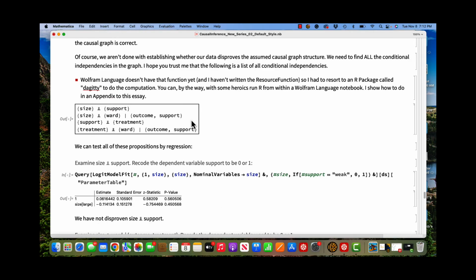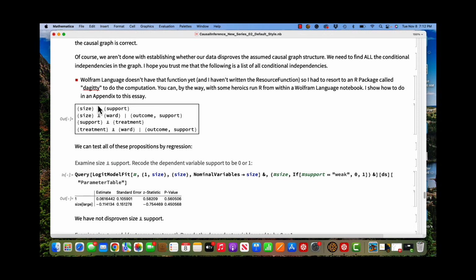What we might like to do is to find all the conditional independencies in the graph, all the things that should be true if our causal graph structure is correct. I could not figure out how to get Wolfram Language to do that. R has a package called Daggity that does this for you, and here's what it came up with.